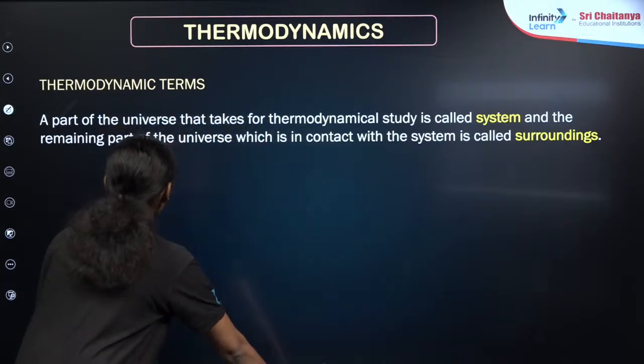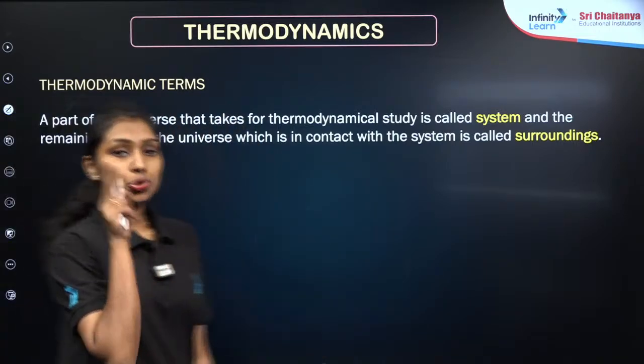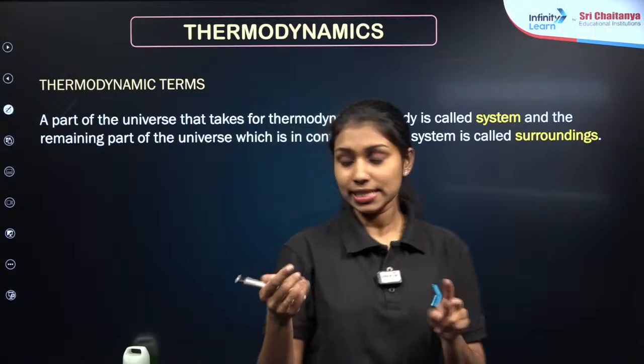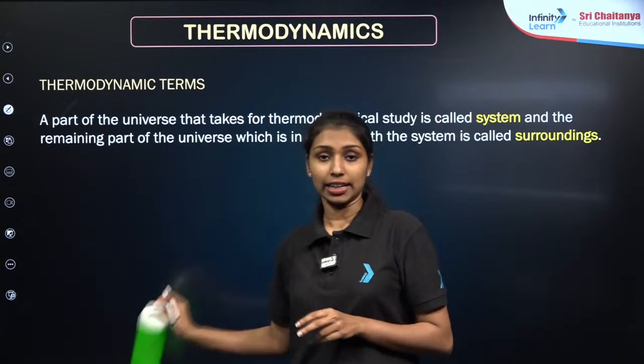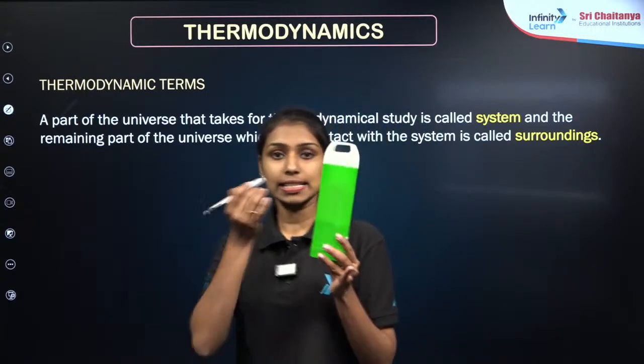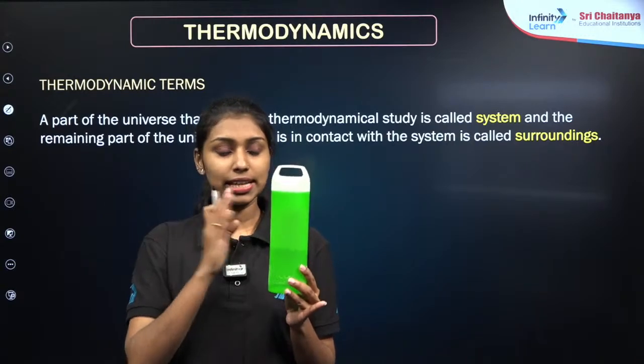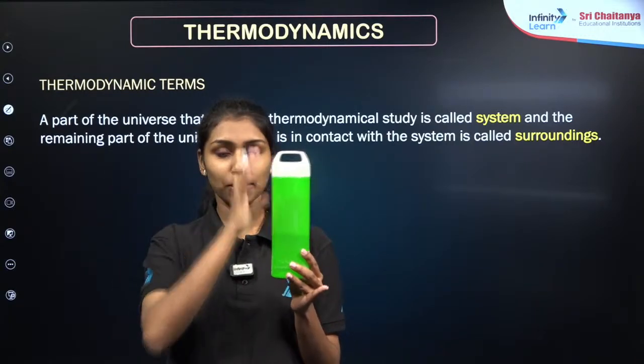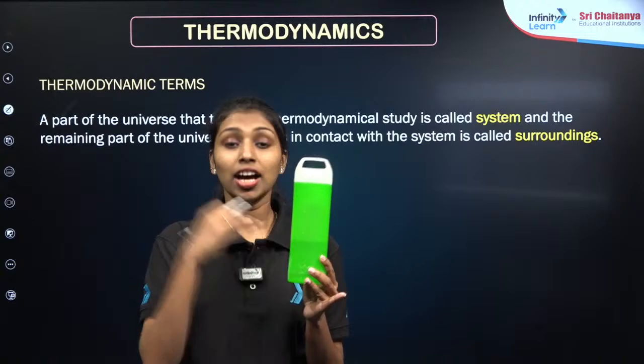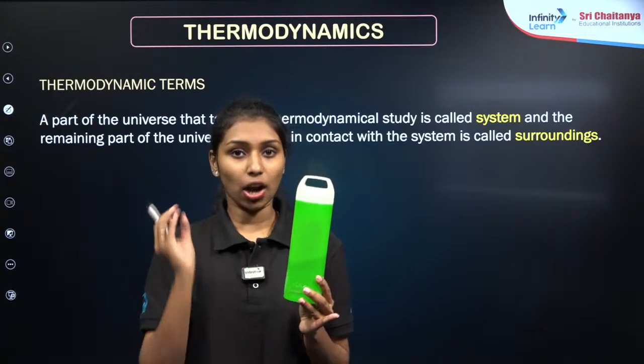Any thermodynamic setup can be divided into two parts, system and surroundings. If I take the water bottle, I can call it a system. Any part of the universe other than the water bottle, we can call a surrounding.